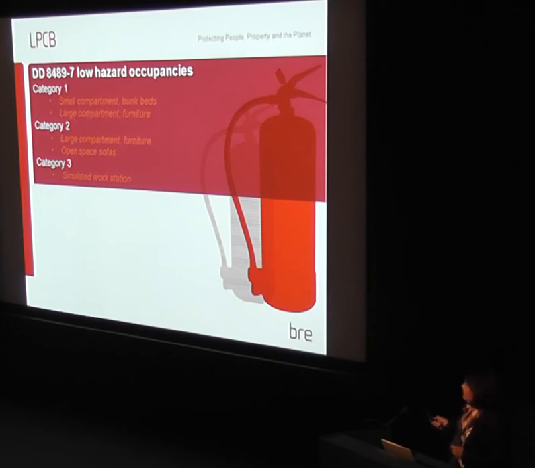The British standard is divided into categories 1, 2 and 3. Category 1 picks up the FM type tests, and it's made for rooms of sort of 36 metre squared plan area.